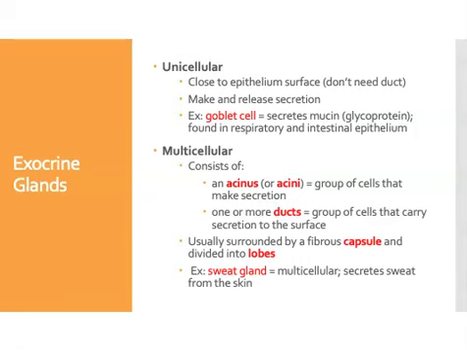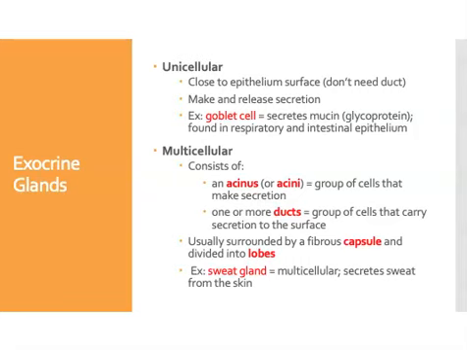Now, for the multicellular glands, there are actually different regions to the gland. Multicellular exocrine glands have a region that we refer to as the acinus, and the plural of that is acini, and the other region, which is the duct.